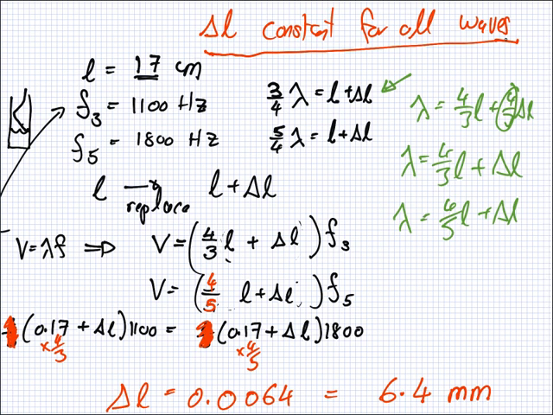Well, it's supposed to be 340, but I just made up the L. So anyway, the point is, don't put the fraction on the delta L. The delta L is constant for the whole experiment, which doesn't quite seem right, I know, but that's just how it works.